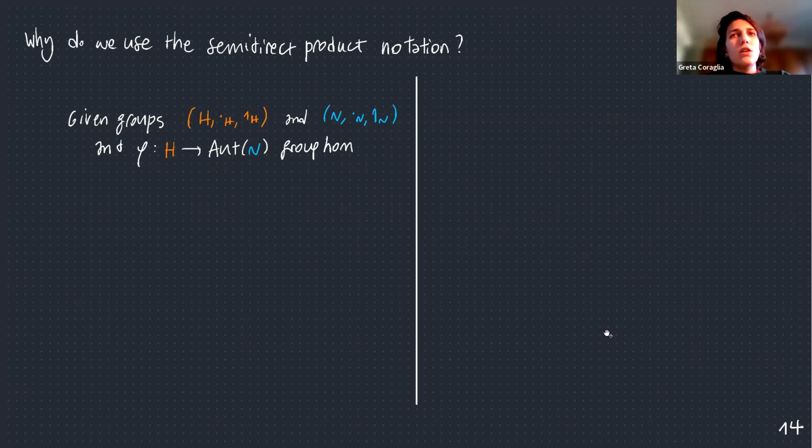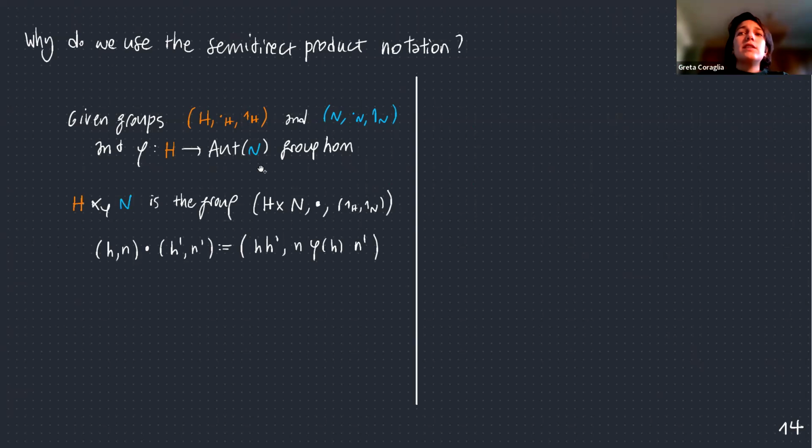So let me just recall the definition of a semi-direct product of two groups. For groups H and N, and a group homomorphism phi from H to the automorphisms of N, you can define the semi-direct product of H with N via phi, which has as underlying set the Cartesian product of the underlying sets, with the pair of units as unit.